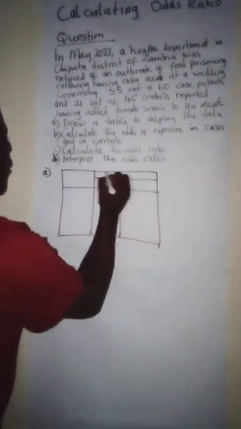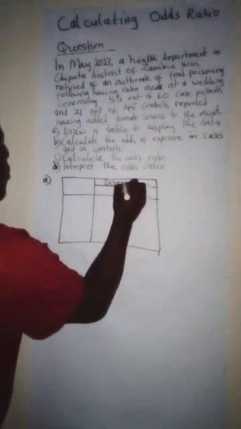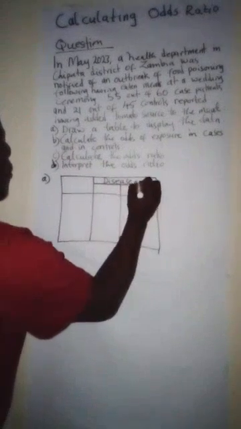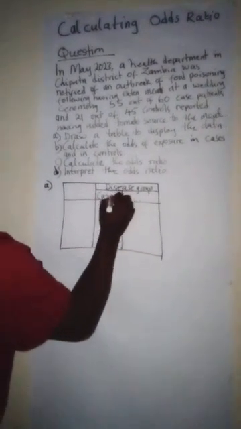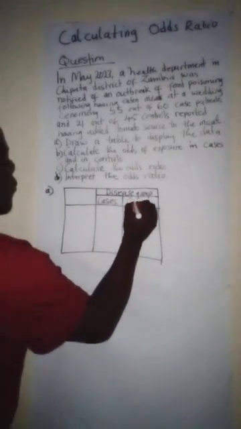Here I'm going to say disease group: cases, controls.